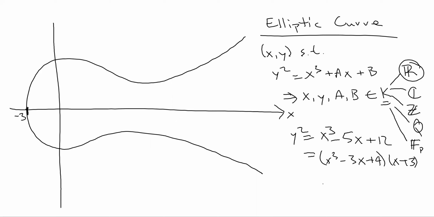This is the x-axis, and this is the y-axis. And so any point on this curve, like P right here, basically the x, y coordinates of P satisfy this equation right here. Okay. Why elliptic curves are useful and used a lot in cryptography is because they have the properties of a group.